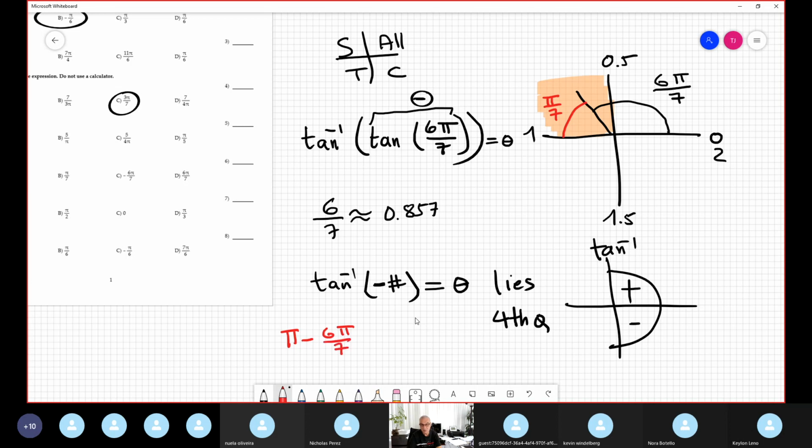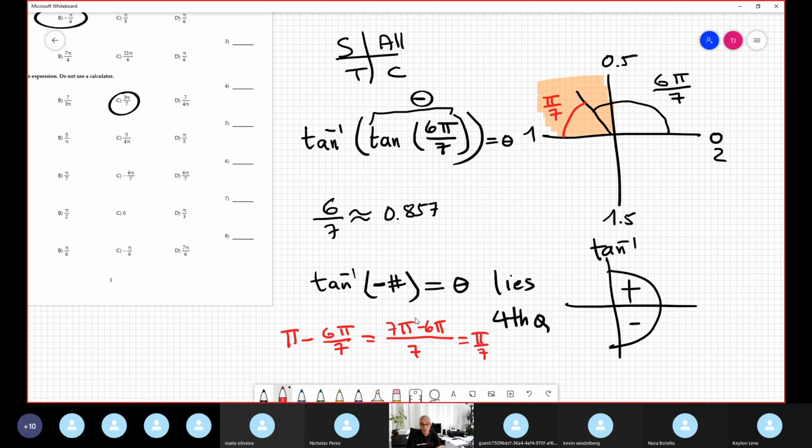Remember the formula, or not the formula, the reference angle is always an angle that lies in the first quadrant, and the terminal side is in between the terminal side of the specific angle and the x-axis. So find the LCD: 7 pi minus 6 pi, and 7 minus 6 is 1 pi over 7. So this guy is pi over 7.